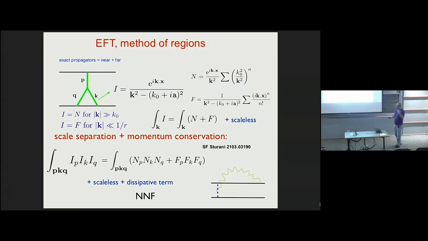So in the post-Newtonian expansion, you just approximate this propagator in two ways, according to the regime where you are. In the so-called near zone, where the momenta are much larger than the frequency, you approximate this integral with this expression, and in the so-called far zone, in the opposite limit, you approximate it with this expression. So you just keep the propagator and expand exponentially.